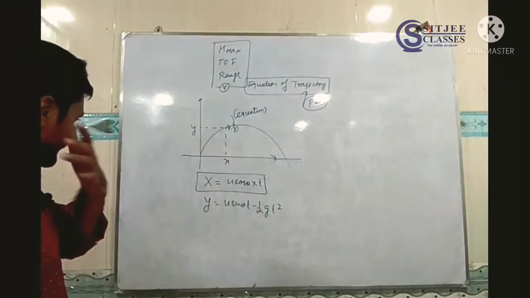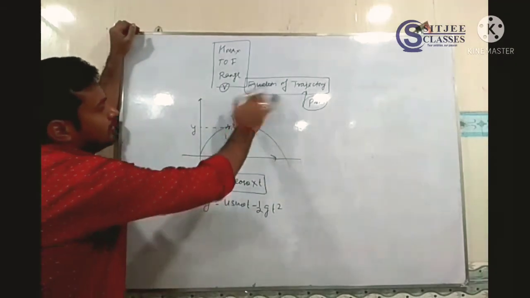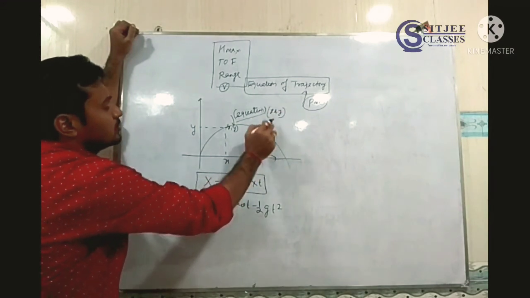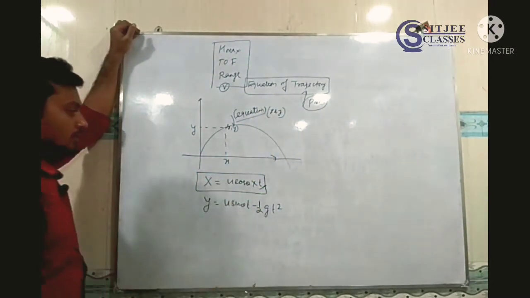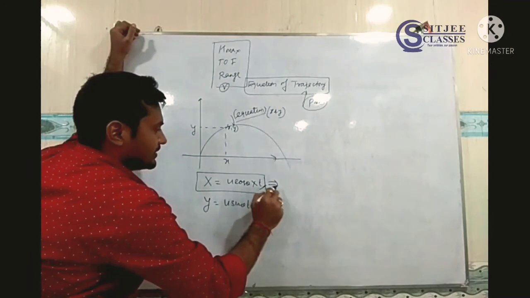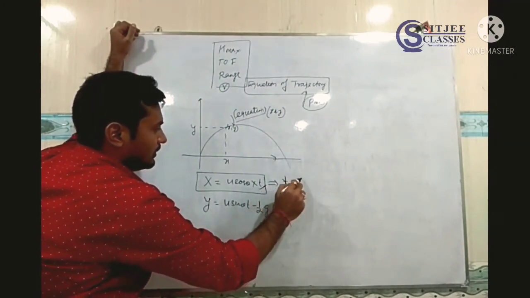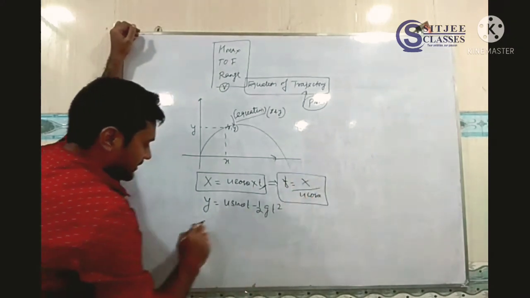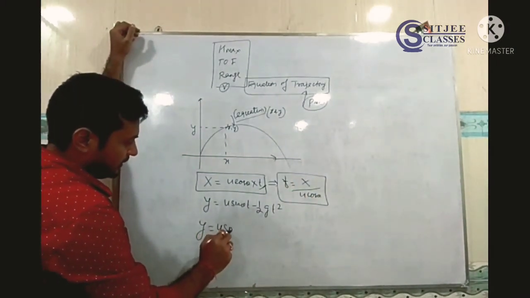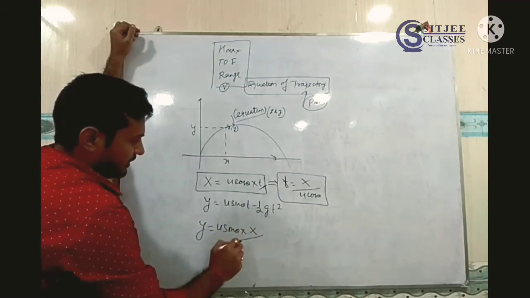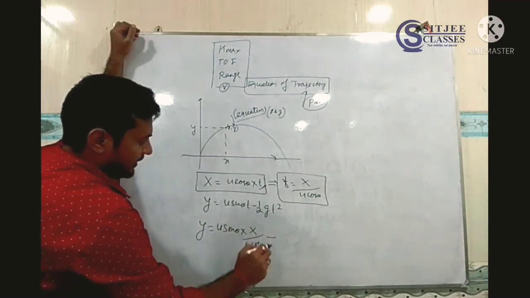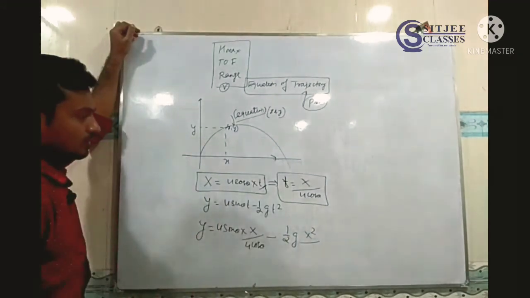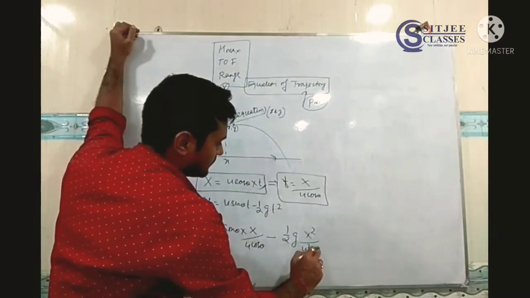Alright. Now what are we going to do? Equation of trajectory means equation in x and y. So you have to eliminate time here. If you eliminate time, let us write t equal to x by u cos theta. If you substitute here, you get y equal to u sin theta into x by u cos theta minus half g x square, substituting the t value, which is u square cos square theta.